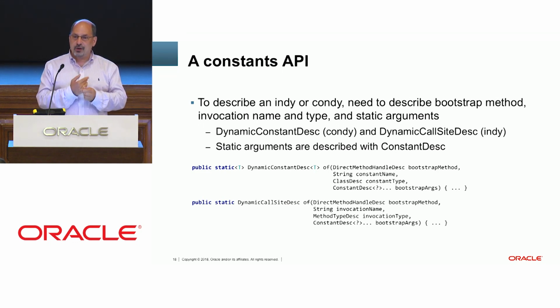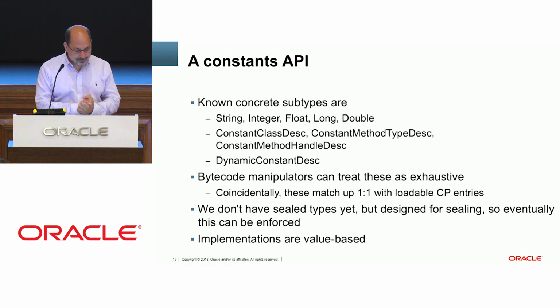Well, the arguments had better be compile-time constants, and so we can describe those with ConstantDesc. And so we have a way of describing both a condy and an indy nominally. Okay, so again, no magic here. If you look at the code for these classes, it's all just the obvious factory methods and a few convenience accessors for shuffling the parts around.